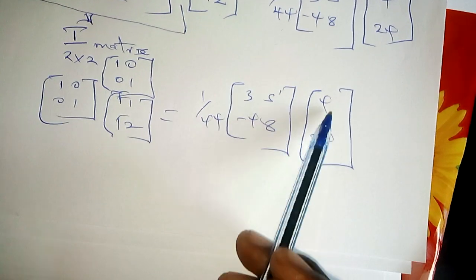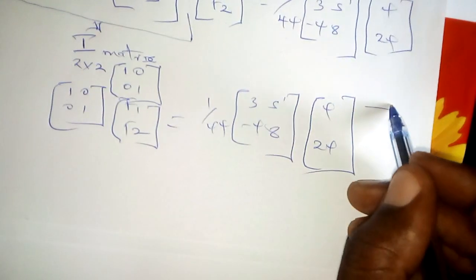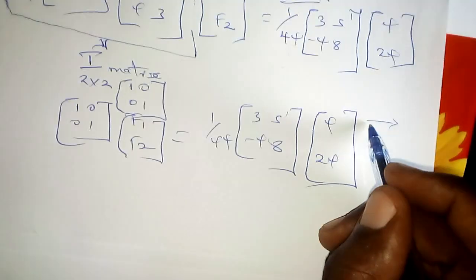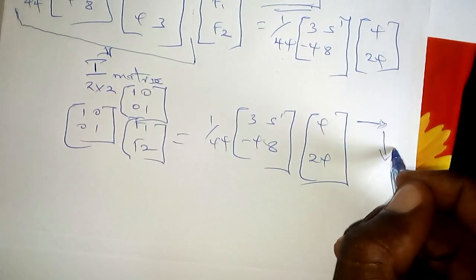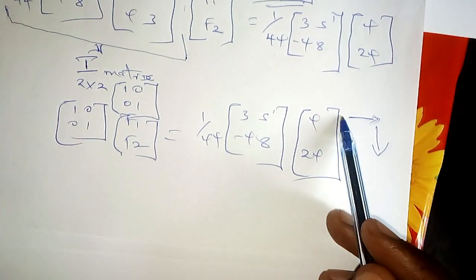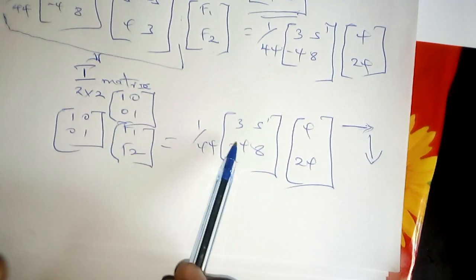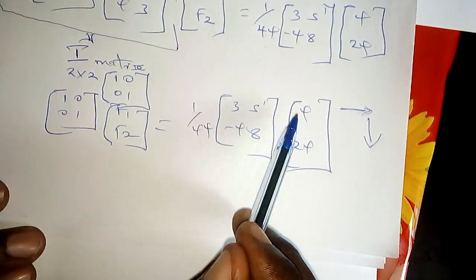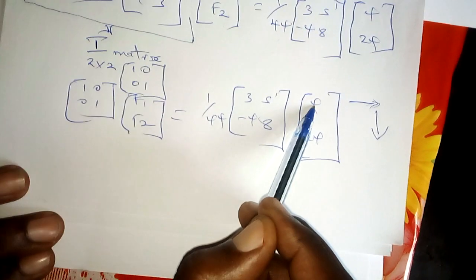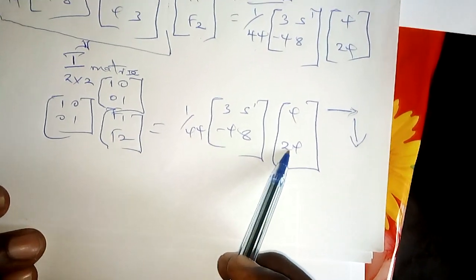To multiply a matrix, you normally multiply a row by a column. So we take 3 multiplied by 4 plus 5 multiplied by 24.